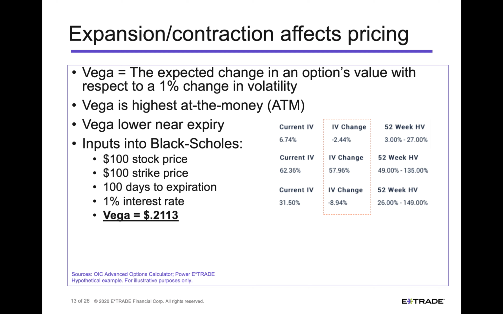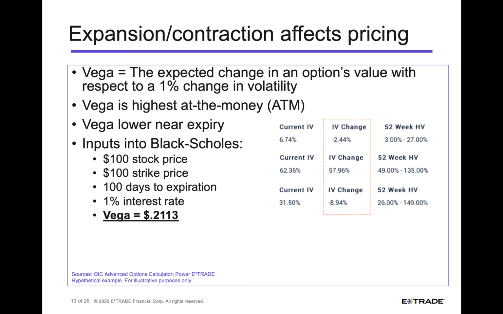A couple things to keep in mind about vega. Vega is highest for an at-the-money option. At-the-money call options and at-the-money put options have the highest vega, therefore they are the most sensitive to changes in volatility. If you expect volatility to expand, you would want to buy the options most sensitive to that expansion: the at-the-money call or put.